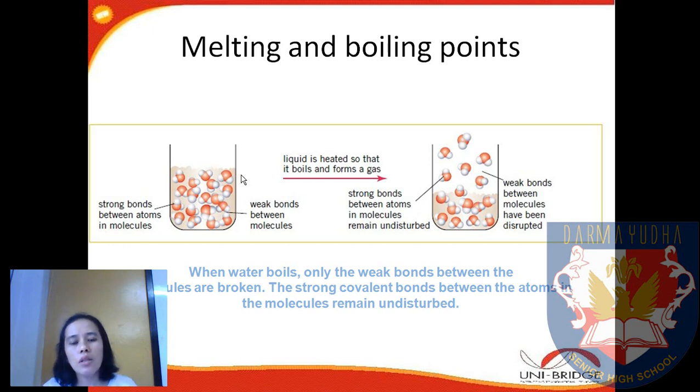The bonding between one water molecule and another is quite weak, so the energy needed to break it will be very low. That's why covalent substances have a low melting point and also a low boiling point.